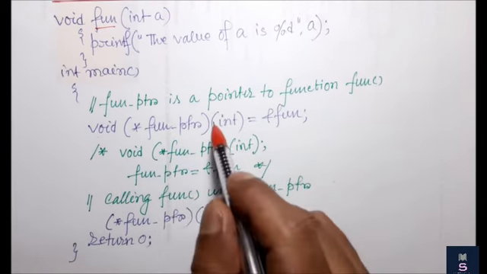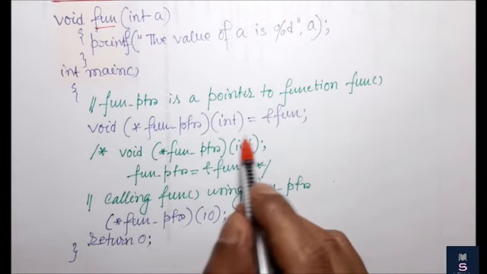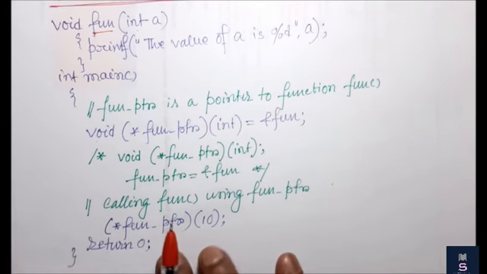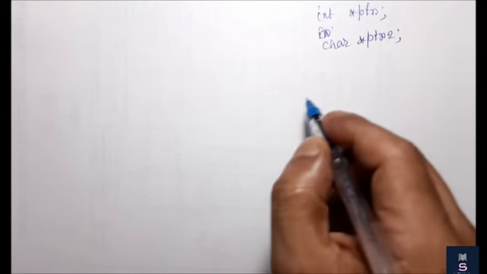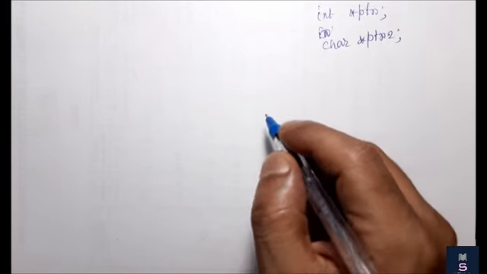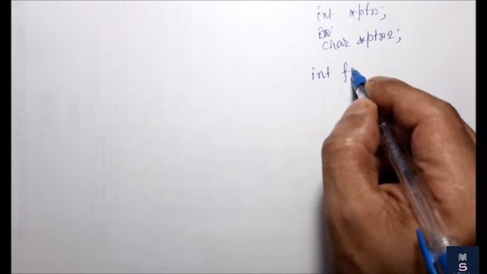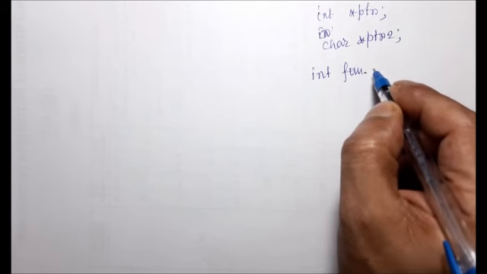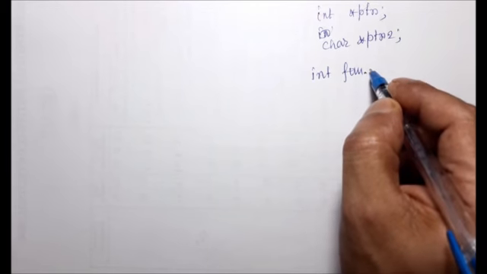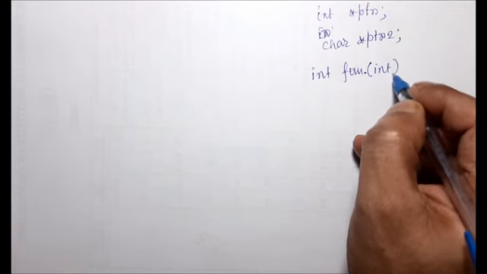And then within the bracket I have passed int. Look at this, equal to ampersand of fun. Now consider how this line is written, if we know how to declare a function. Normally, if fun is my function name and I write int, what is the meaning of this line?